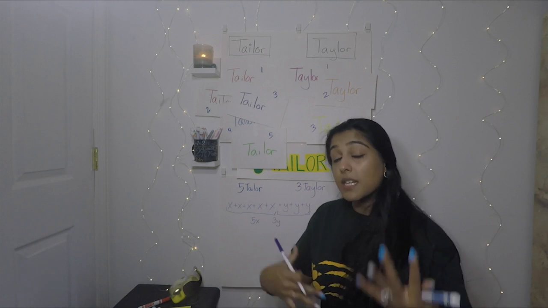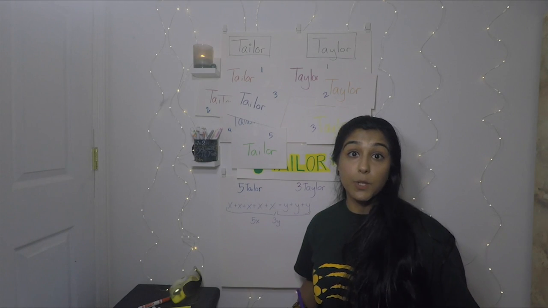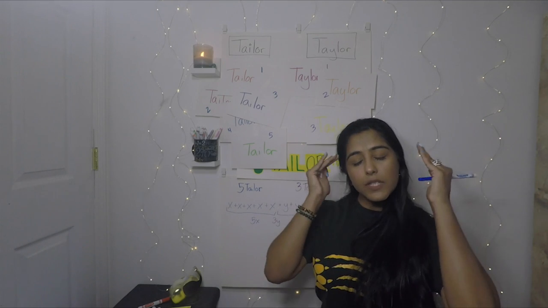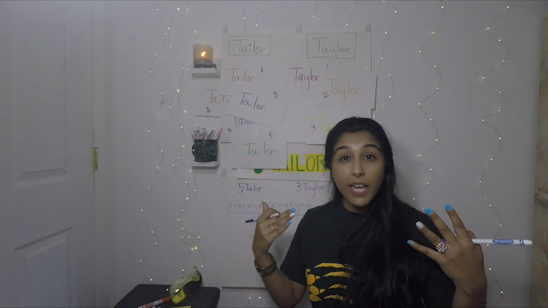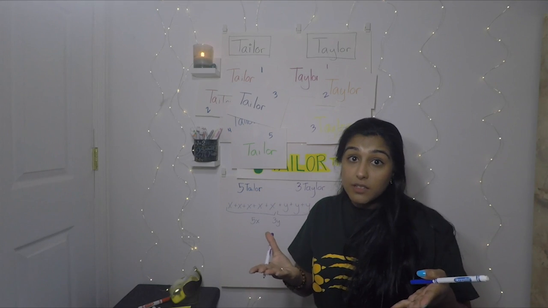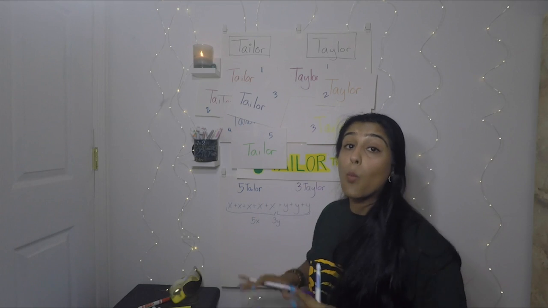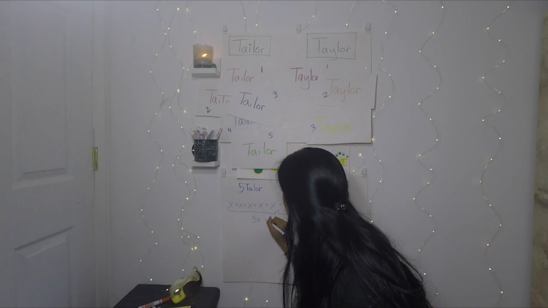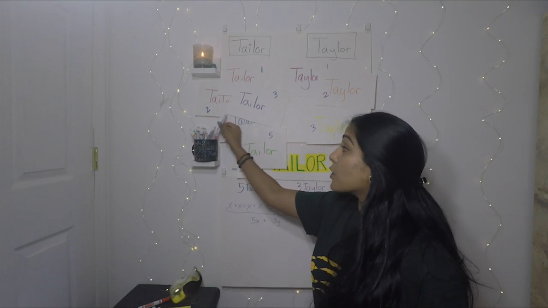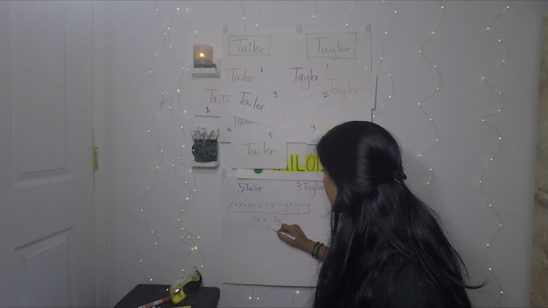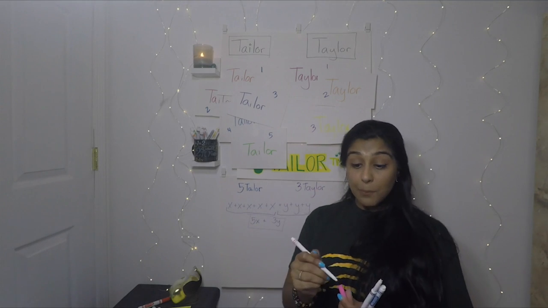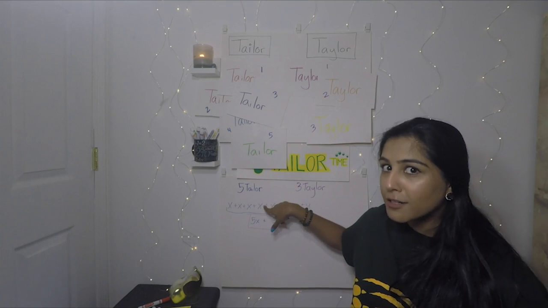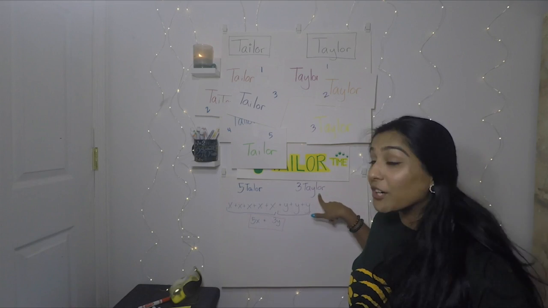These positives and negatives that we have in our like terms also act like addition and subtraction in our expressions. So we have to get our minds used to thinking about addition and subtraction as the same as positives and negatives with algebraic expressions when we are simplifying. Good, I heard someone shout it out, so it's positive. That means our final answer is this. This is simplified. We get 5x plus 3y, or 5 Tailors and 3 Tailors, right?